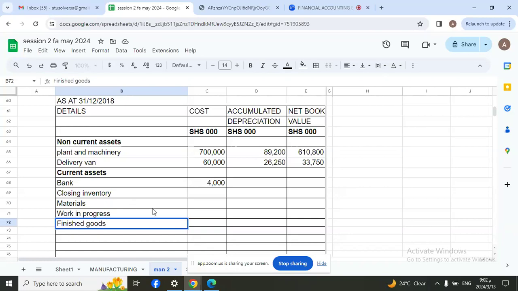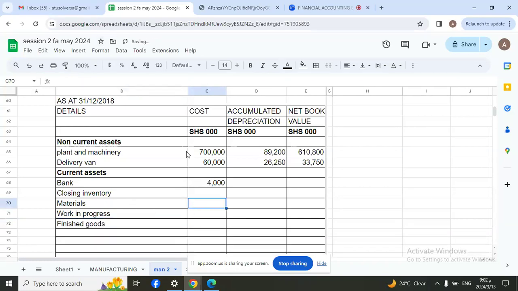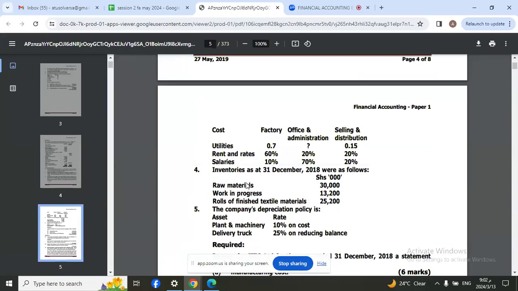I come and I check how much was my closing inventory balance here. My raw materials, it is how much? It is 30,000. But out of 30,000, during the year, 15.6 got damaged and 10 were sold.